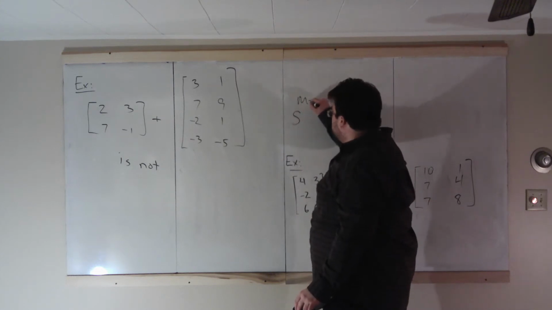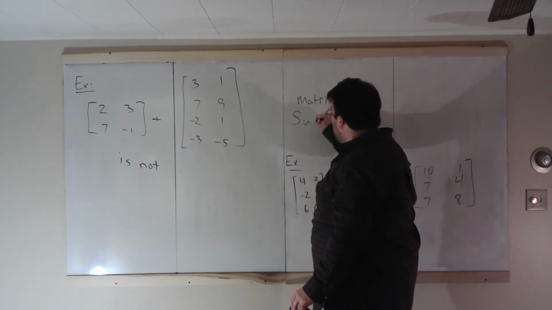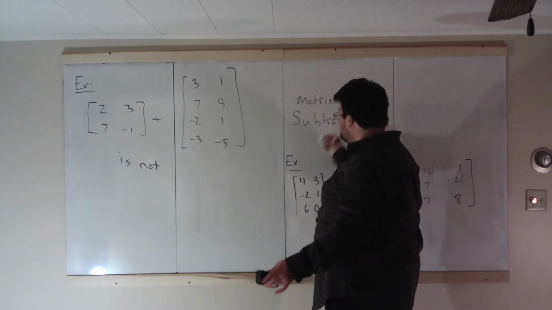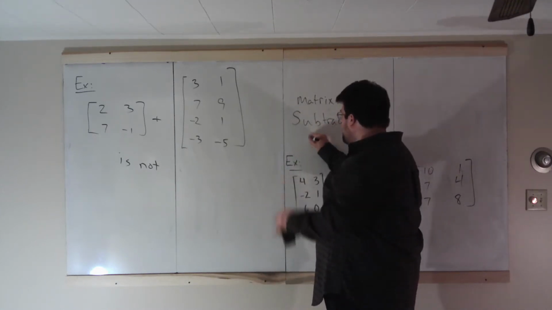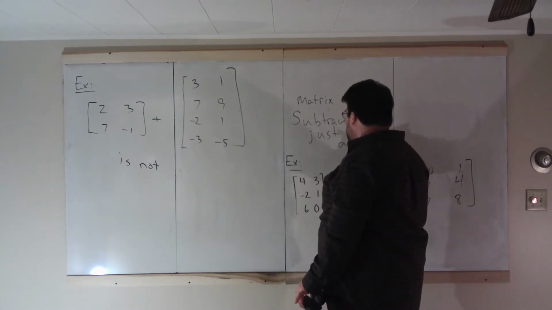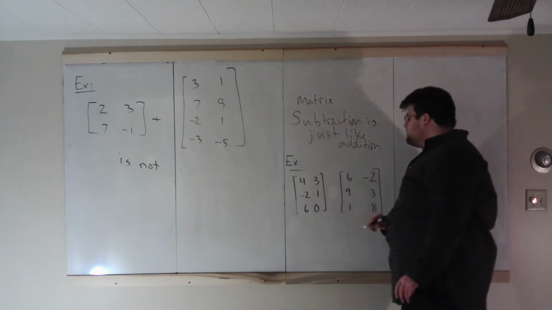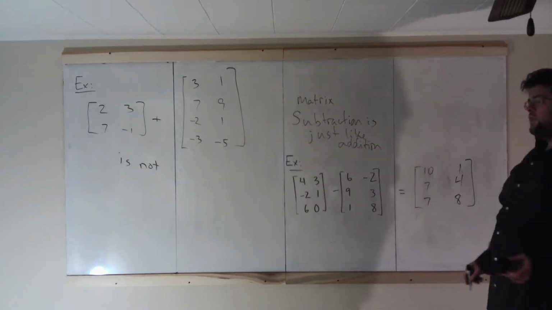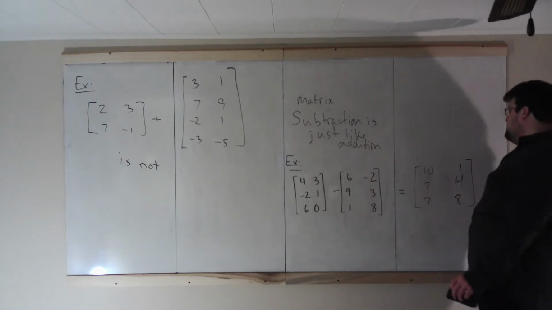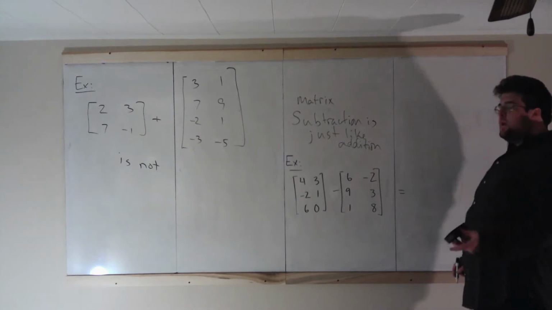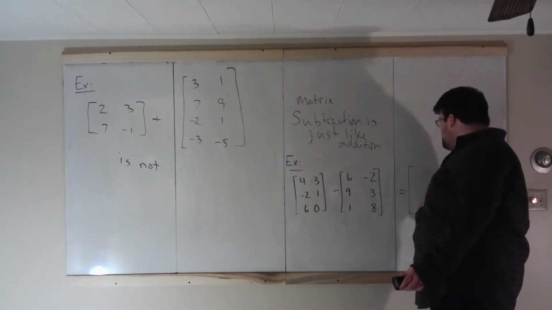I'll just say matrix subtraction is just like addition. So, just like addition, meaning it's defined only if they have the same size, and it's done by components, but here you're going to subtract.